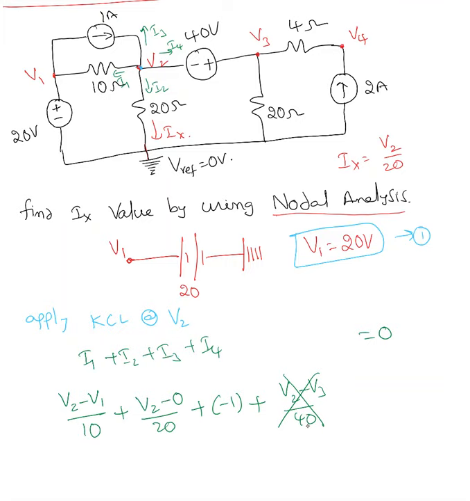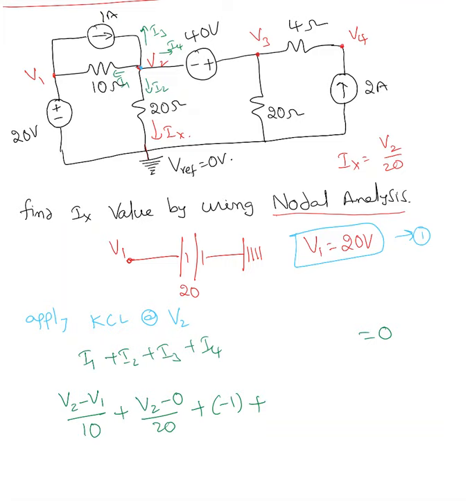Basically voltage divided by voltage, that value is not meaningful, so you cannot write that. So literally in this equation I cannot write an equation for I4. Since I'm unable to write an equation for I4, I'm going to use supernodal analysis.